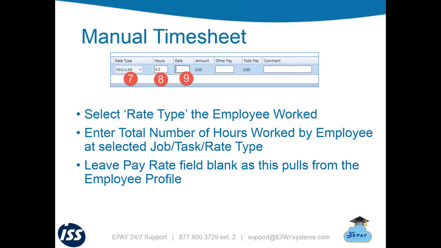One of the cool things about this manual timesheet is we've recently received an update from EPAY in which we can kind of segregate the regular timesheet rate types from the manual timesheet rate types. So you can go through here and notice that not every rate type will be available for you under manual timesheet, because there are some that have been deemed that should only be on the regular timesheet.